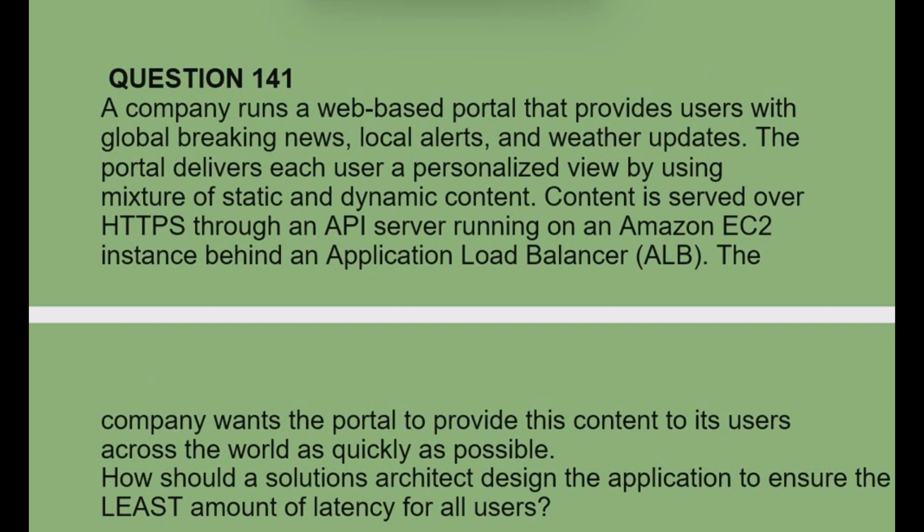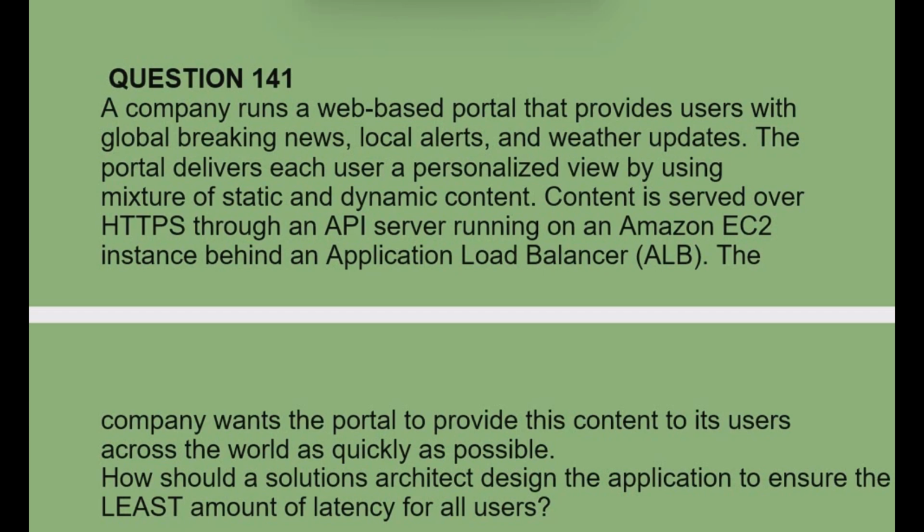Question is, a global company runs a web-based portal that provides users with global breaking news, local alerts, and weather updates. The portal delivers each user a personalized view by using a mixture of static and dynamic content.